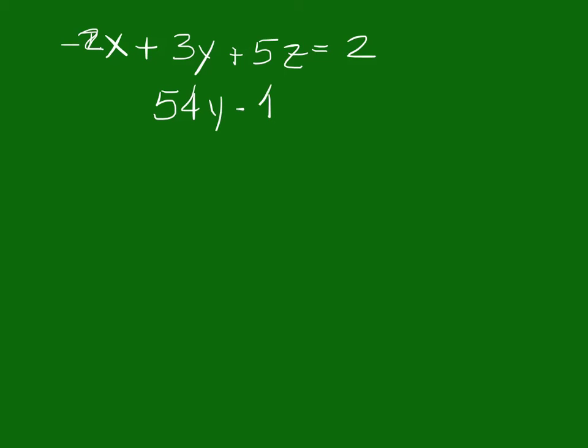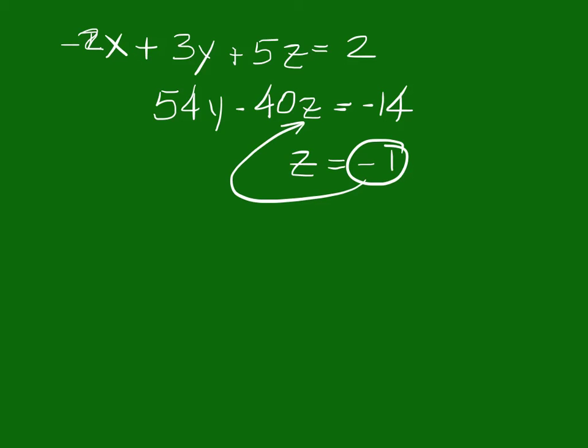You're going to need that first equation, and that's negative 2x plus 3y plus 5z equals 2, and then the second one is 54y minus 40z equals negative 14, and we found z to be equal to not 0 but negative 1, and we got to plug this back in right here.